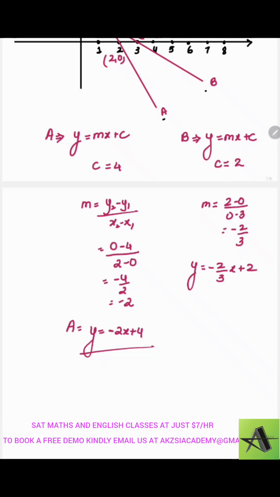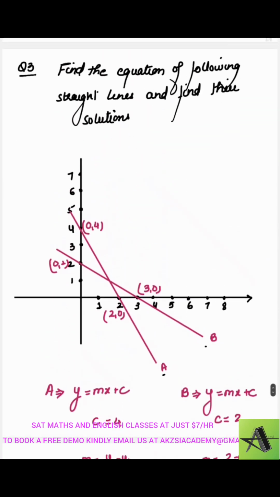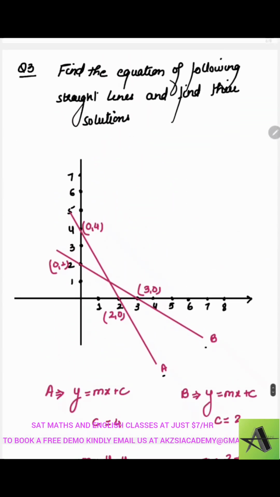So we got the equation of A, we got the equation for B. And the third part was asking to find the equation of each straight line, that we did. And the solution is where they are intersecting. Their solution means the combined solution, where they are intersecting.